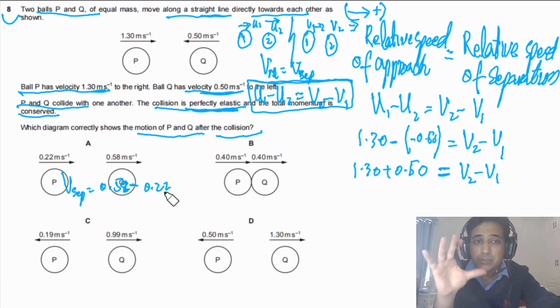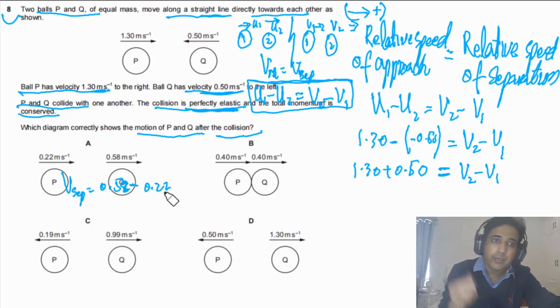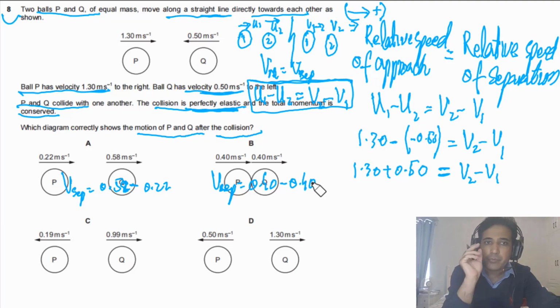Actually, I'm explaining these things in detail so you can have a better understanding. When your concepts are clear in physics once, then these questions are just a piece of cake. How about this one? What is the relative speed of separation of this one? If we write down for this one, you see we have 0.40 for v2 minus this one. So the relative speed of separation in this case is equal to 0 because they have the same speed.